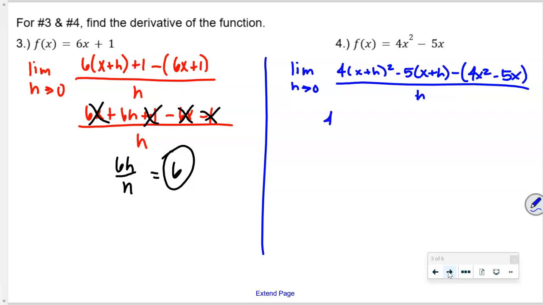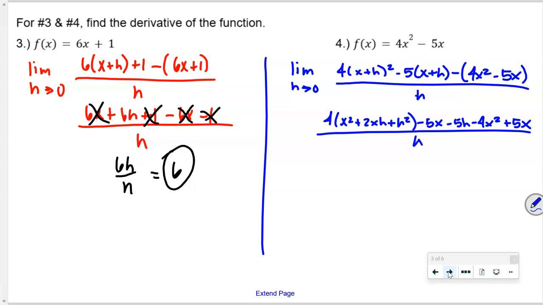So this is going to be 4 times (x squared plus 2xh plus h squared) minus 5x minus 5h minus 4x squared plus 5x, just applying those negatives there, over h.